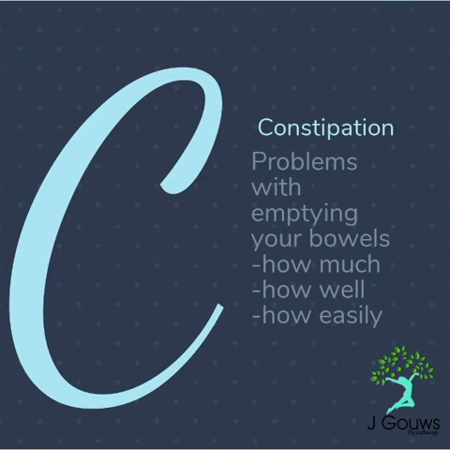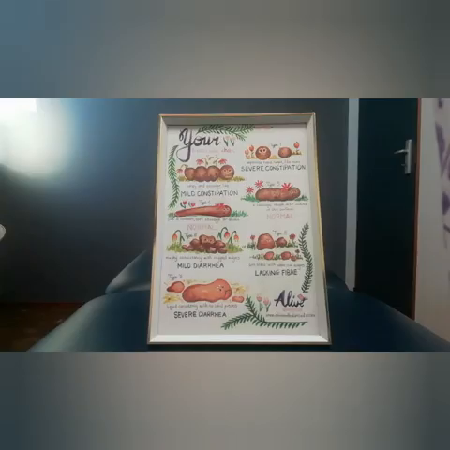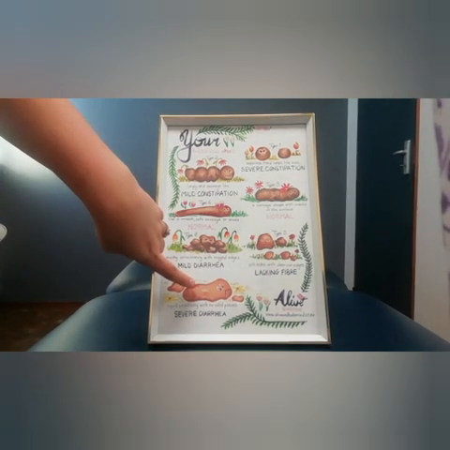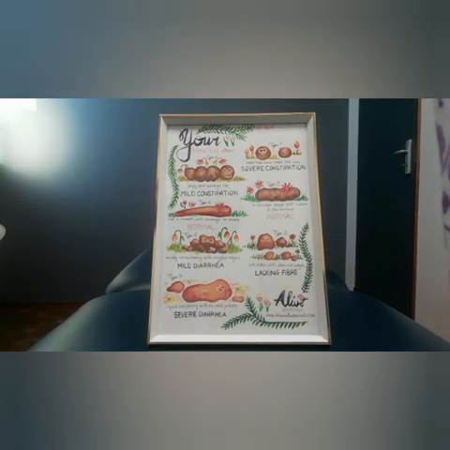C is for constipation. A lot of people think that constipation refers only to having extremely hard or difficult to pass stools. So often on the Bristol stool chart, you'll see constipation being described as type 1 or type 2 stools. But actually what we see is that people can be constipated and have a type 7 stool, which is this watery diarrhea stool that we sometimes see.